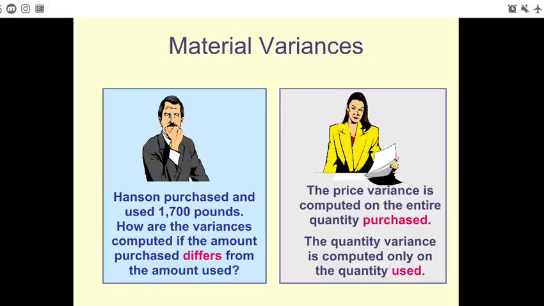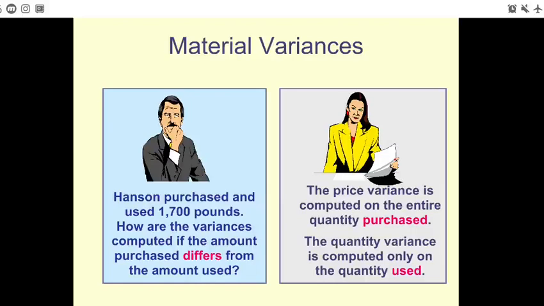Okay, now this additional thing. Hansen purchased and used 1,700 pounds. How are the variances computed if the amount purchased differs from the amount used? Okay, this is one issue. If you have a business, most of the time you purchase raw material, but when you do the production, you use less than the quantity that you purchase.